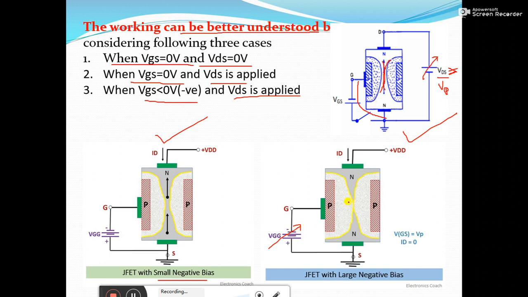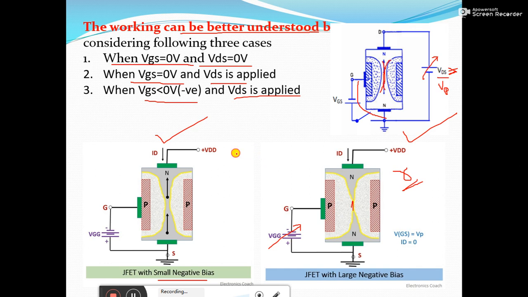Within a short span of time, these two depletion regions almost touch each other, closing the passage for the electron flow from source to drain. And if you measure the ID current with a large negative voltage, it will be 0, because the VGS voltage at which ID becomes 0 is referred to as VGS cutoff.